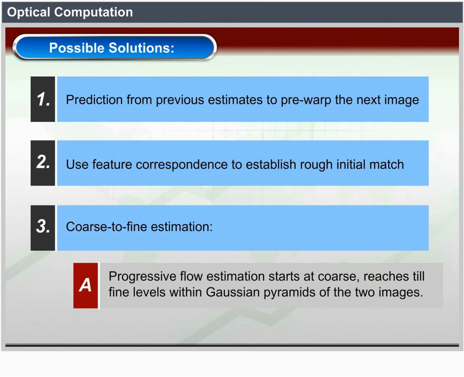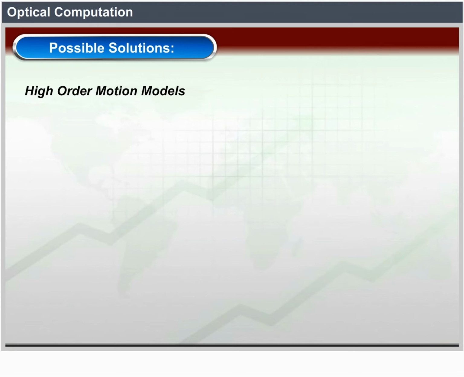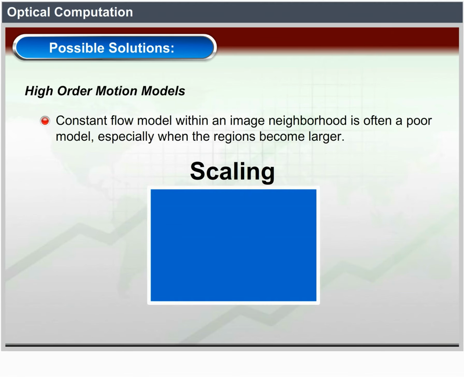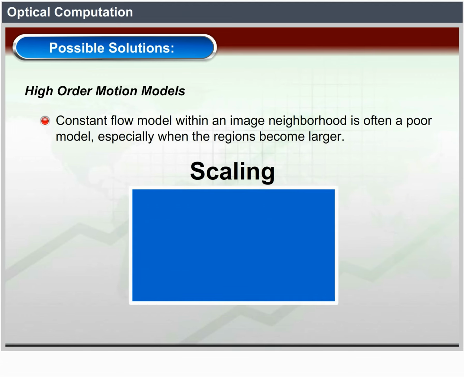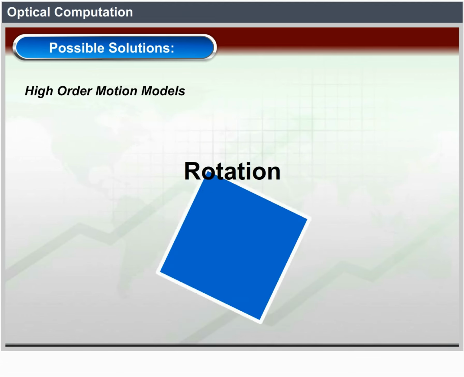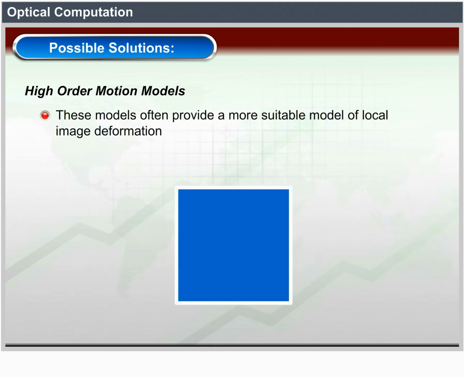High-order motion models. Constant flow model within an image neighborhood is often a poor model, especially when the regions become larger. These models often provide a more suitable model of local image deformation.